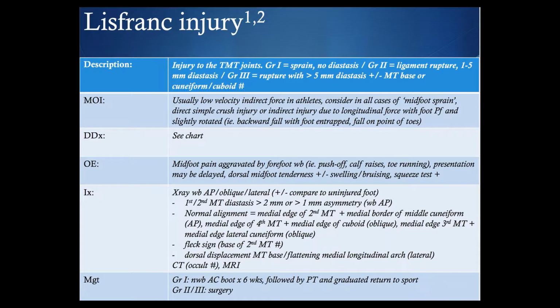consultation. The mechanism usually involving low velocity indirect force really should be considered when you hear or see an athlete or an individual with a diagnosis of, quote, midfoot sprain, unquote. It could also result from a direct simple crush injury as a mechanism of injury as well, either falling on the point of the toes, most classically, or falling backwards.